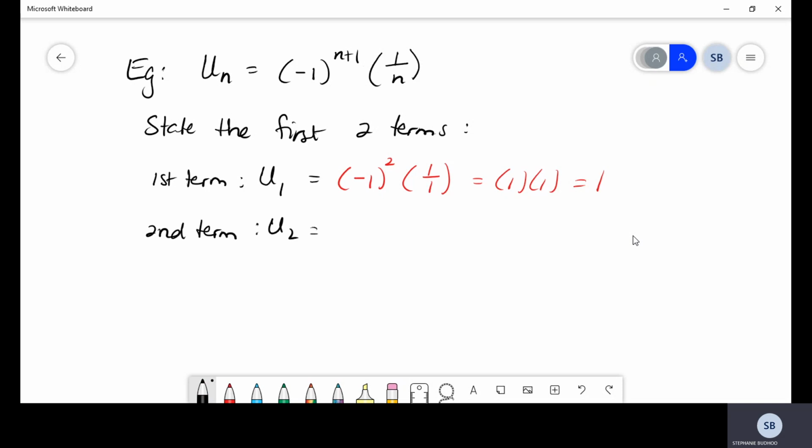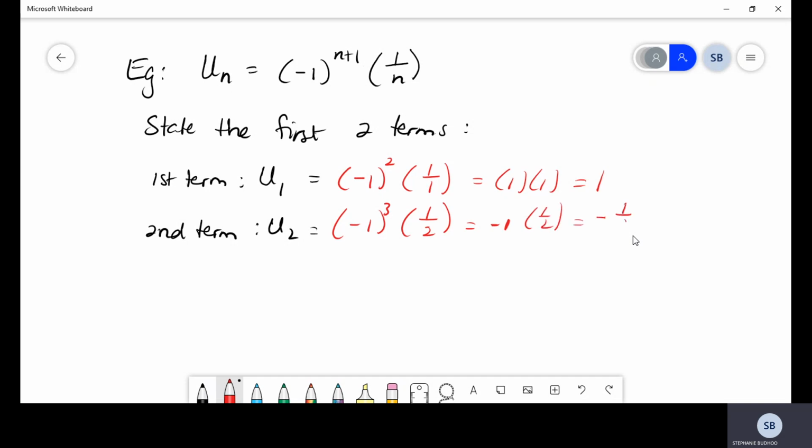Let's find our second term. Second term U2. Okay. Now, when n is 2, that power changes to 3. And when n is 2, the denominator here is 2. Carrying on with life, negative 1 to an odd power will be negative, right? And we are multiplying that by a half.